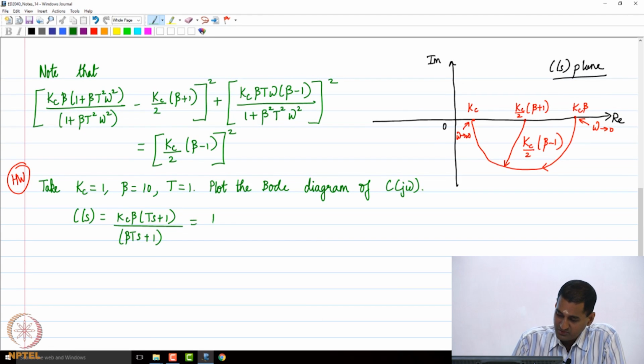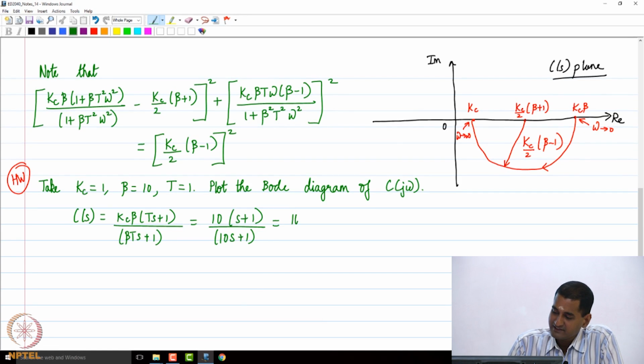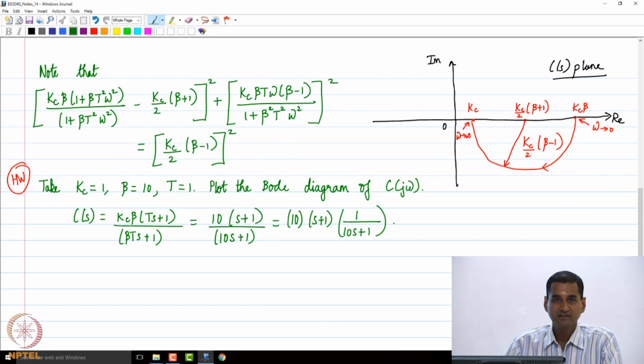If I substitute, I am going to get 10 times (S plus 1) divided by (10 S plus 1). This I can rewrite as 3 factors: 10, S plus 1, and 1 by (10 S plus 1).